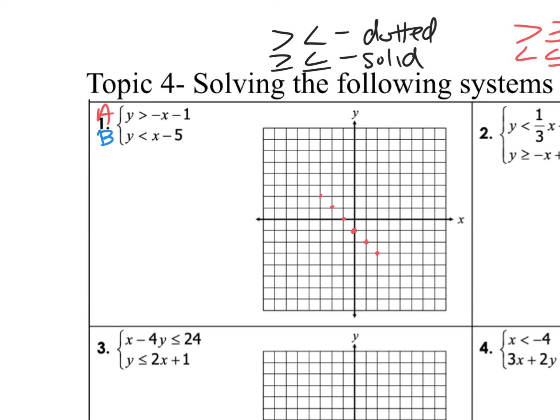I'm just going to make a couple extra. And let's graph it. Oh, wait. Nope, that's not a solid line either. I messed up. All right, this is a dotted line. And if you forget to dot your line, you will lose a point. And since it's greater than, we shade above.